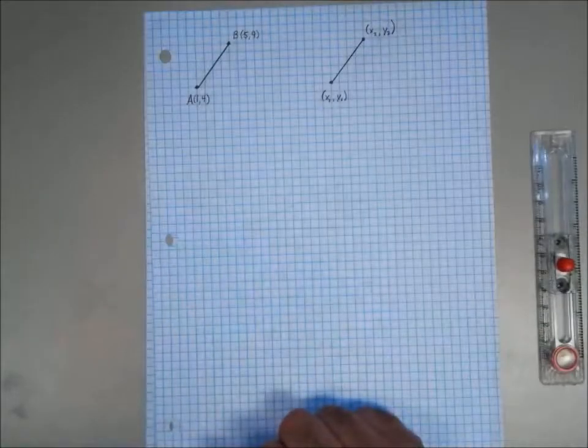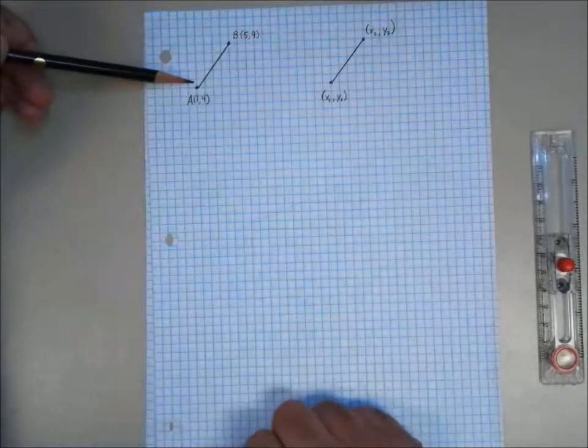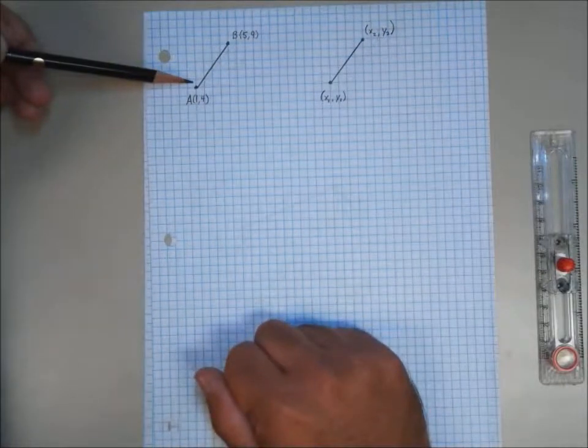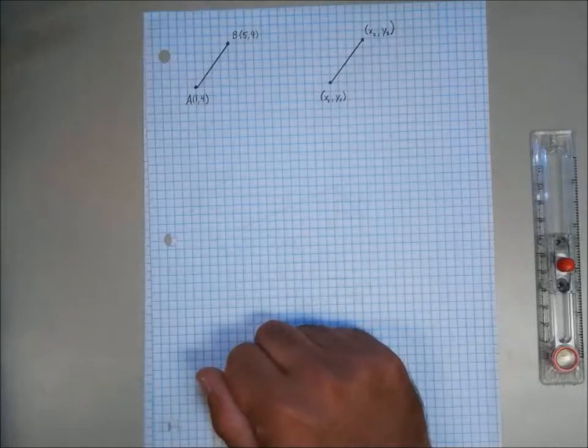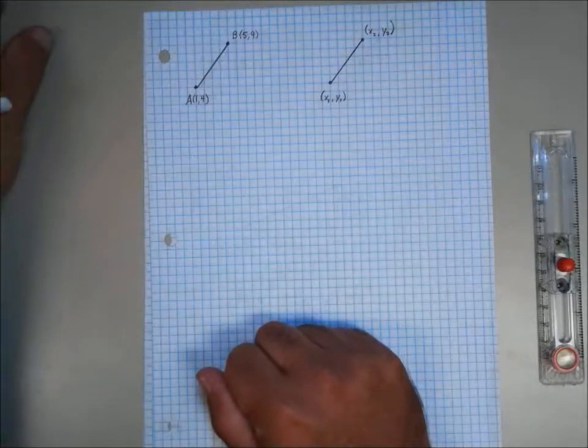Okay, now we're going to talk about that same segment, but we're going to talk about the midpoint. Remember, the midpoint would be the place where it would bisect this. So we're going to look for the coordinates of the midpoint. Think about how you would do that.